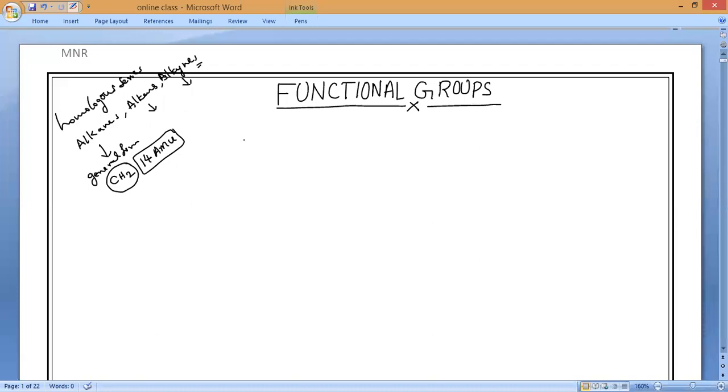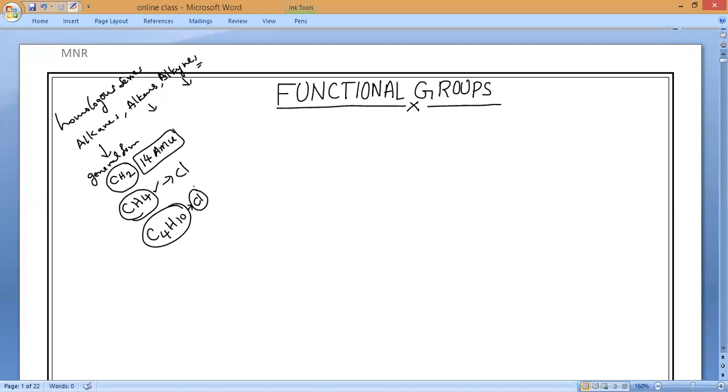So for a homologous series, mainly remember they have a similar chemical structure and almost the same properties. For example, in alkanes, CH4 is the lowest possible hydrocarbon. If CH4 reacts with something, then C4H10 will also react. For example, methane will react with chlorine, then butane will also react with chlorine.